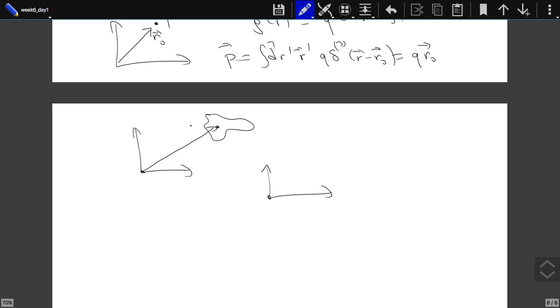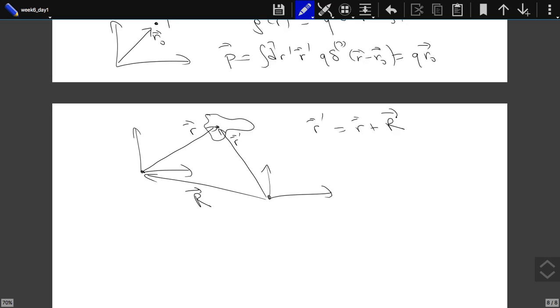Let us say this is the point R. This is the point R prime. And let's say this vector over here is the capital R vector, how much I displace my origin. And if you just add the vectors, you see that R prime is nothing but R plus the capital R.